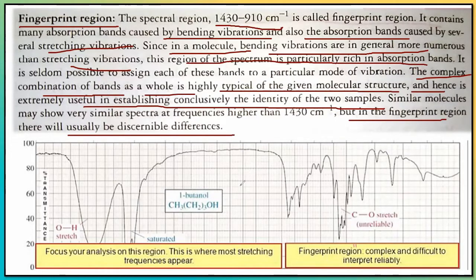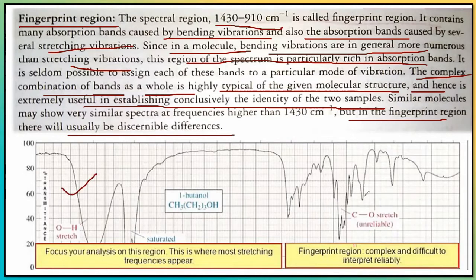Now, this is how the IR spectrum looks from top to bottom, and you can see different groups give peaks in different areas. This is the IR spectrum of 1-butanol, and we can see a broad peak around 3000-something given by OH. I am talking about this particular peak.